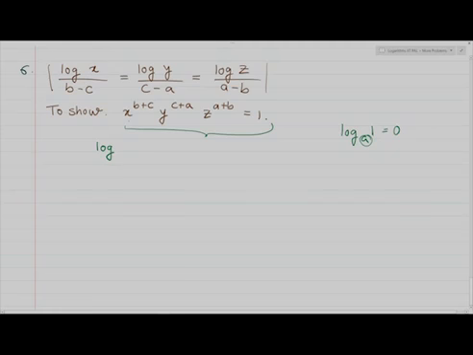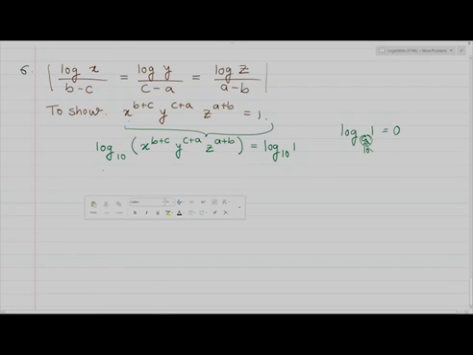This is just a representative of the base. So let me put it as log to the base 10. It doesn't matter. So if I apply the log function, log to the base 10 of this particular expression, x raised to b plus c, y raised to c plus a, z raised to a plus b is equal to log to the base 10 of 1.